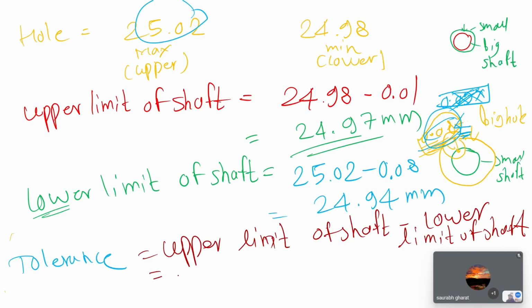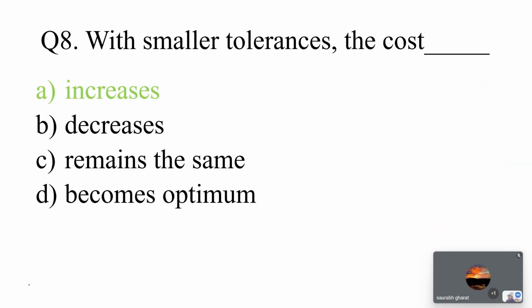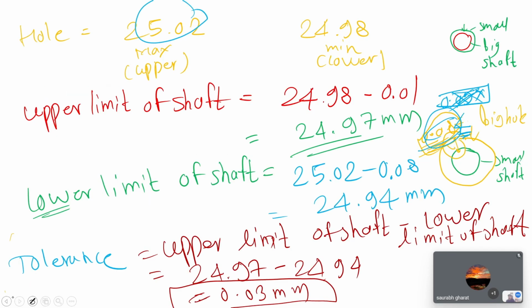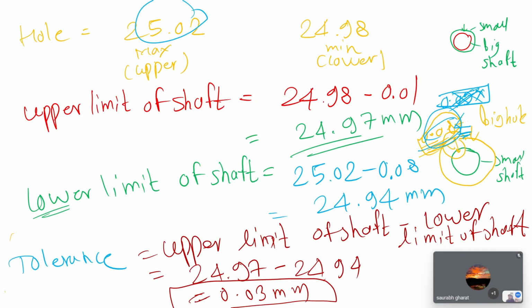So what will happen here? Just subtract this. So we'll get 0.03 millimeter as your answer. I think I showed you, 0.03 is your answer. I'll show you how you can calculate it. Okay, so moving forward.